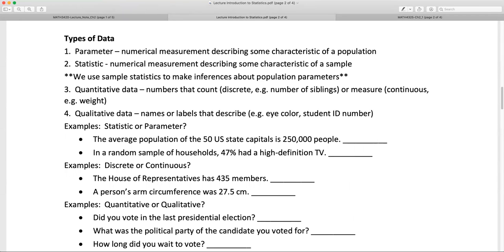Let me go over quantitative data and then qualitative data, and then we'll see examples. Quantitative data means numbers that count.